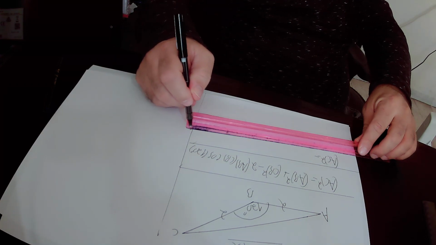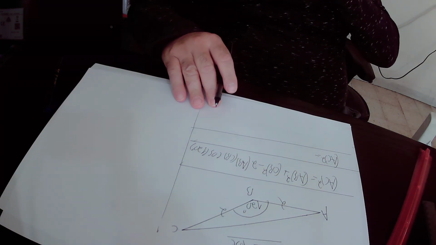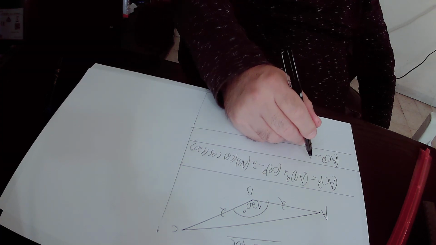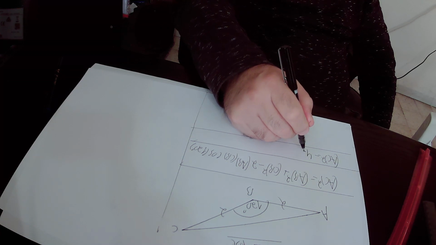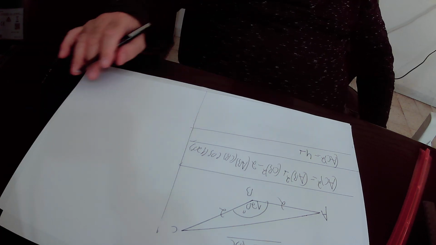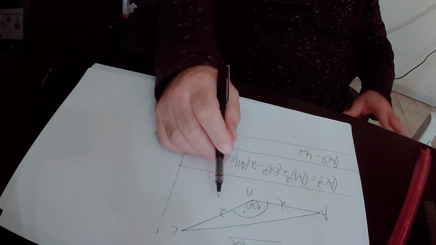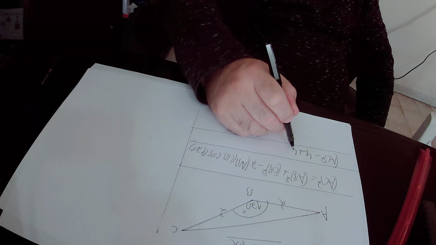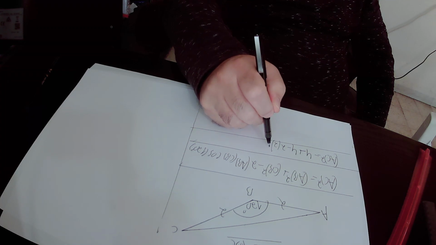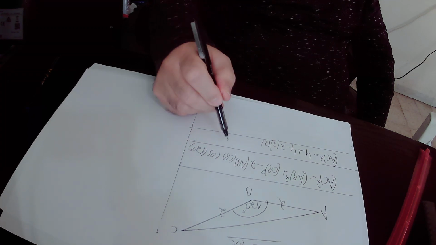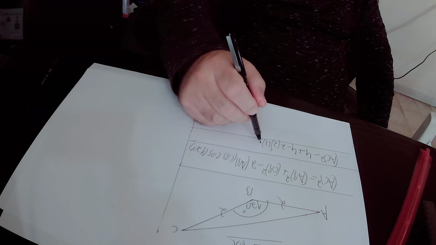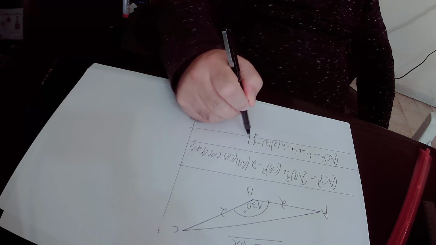So AC squared equals AB squared. AB equals 2 units, therefore AB squared is 2 squared, that is 4. Plus BC squared. BC equals 2 units, therefore BC squared is 2 squared, that is also 4. Minus 2 times AB, which is 2, times BC, which is also 2, times cosine 120 degrees. Cosine 120 degrees equals minus 1/2. Okay.